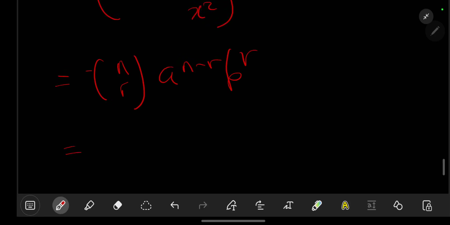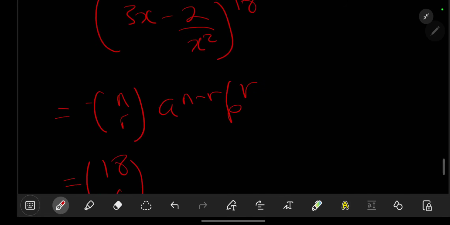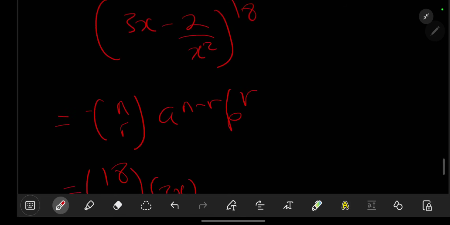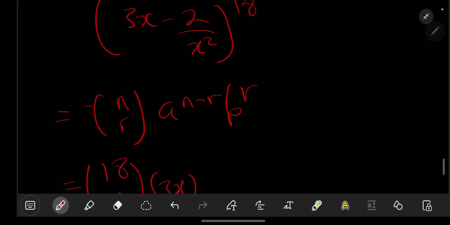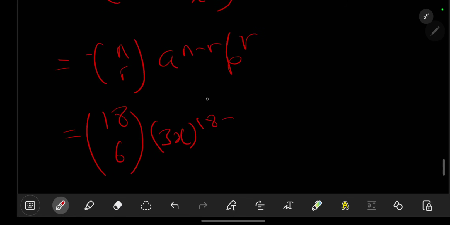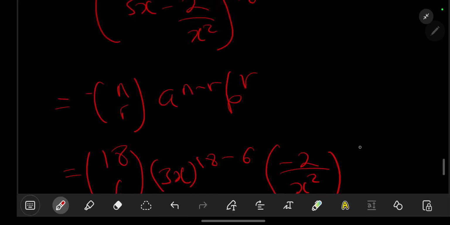So in this case, our n will be equal to 18, combination of r is 6. Then we have our a is 3x, so we are going to have 3x to the power of n minus r, 18 minus 6 in this case. Then our b is equal to negative 2 over x squared, to the power of r, which is 6.